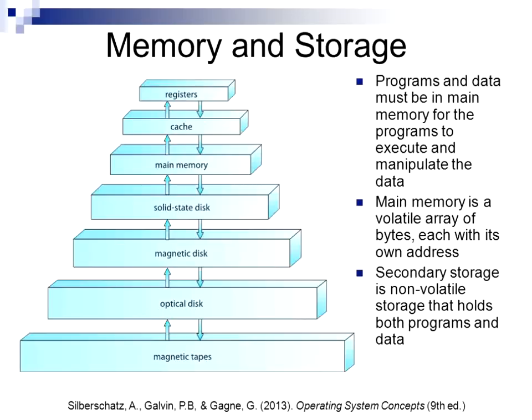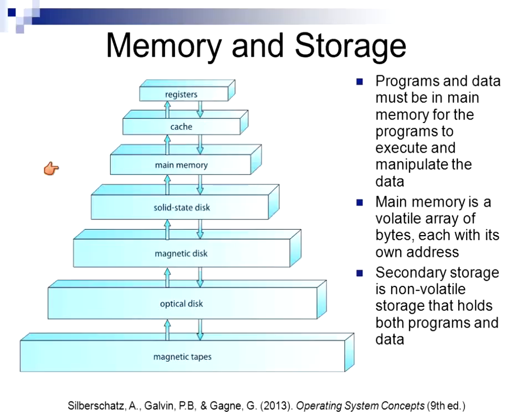When we talk about main memory, we talk about main storage and secondary storage. Registers, cache, and main memory are usually what is called volatile memory.